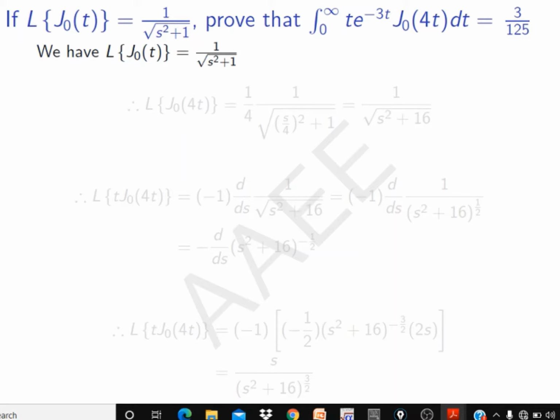So to prove it, let us start with what we are given: the Laplace transform of j0 of t is 1 by under root of s square plus 1. But what do we want to find? This one, j0 of 4t.